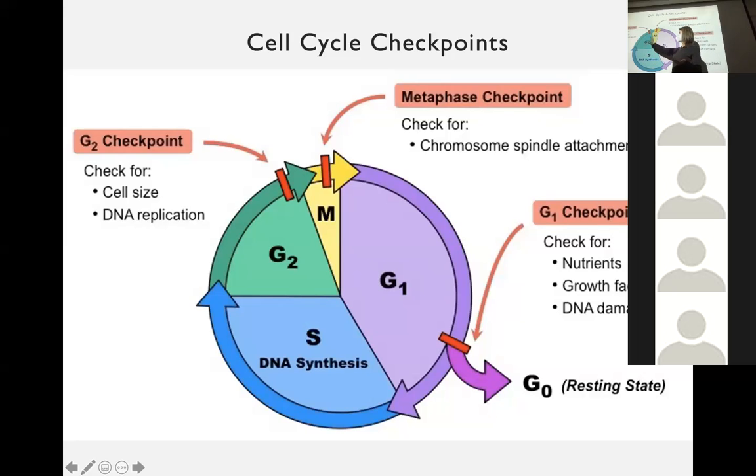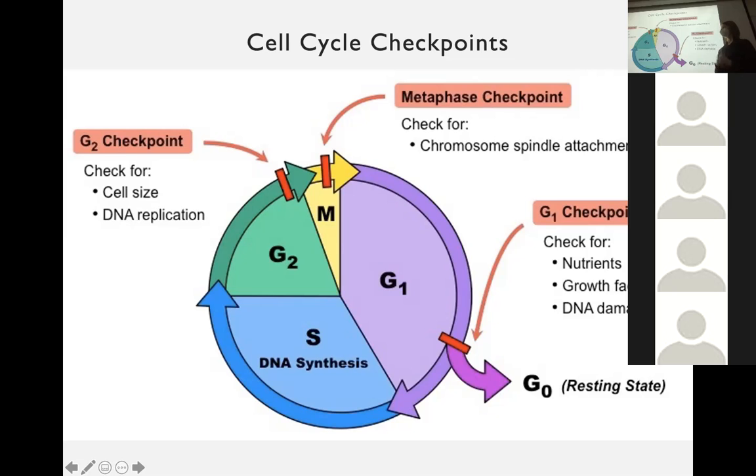And then at the end of G2, cell size will be checked again. So is the cell big enough to actually divide into 2 cells? And also, did the DNA replication go okay? Are there any DNA errors? You don't want to divide a cell, basically copy a cell, that has DNA errors, right? We don't want to continue that erroneous hereditary information.